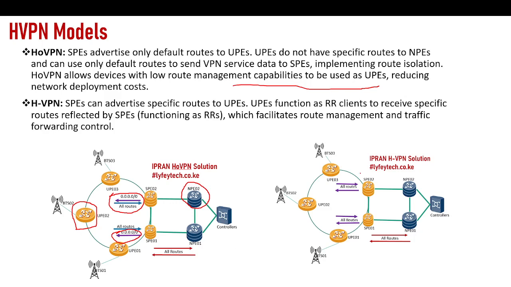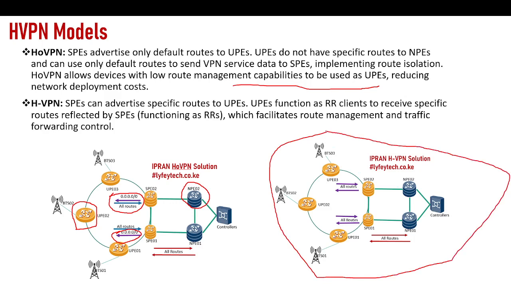So this is the HoVPN. With the HoVPN solution, we have all routes being exchanged between the SPEs and the UPEs. So the UPEs should be able to handle the specific routes that are advertised from the SPE.